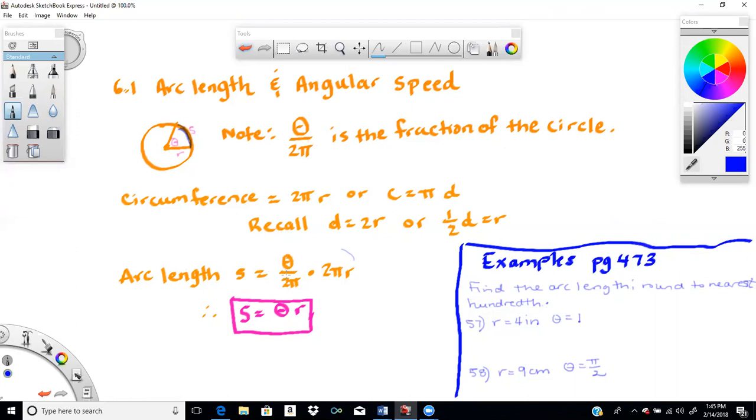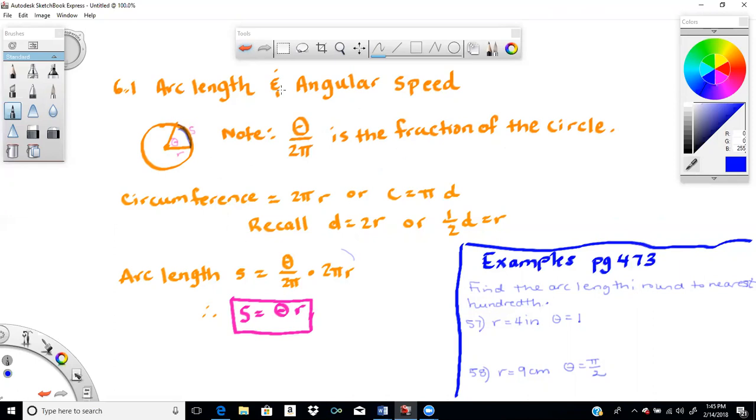So the arc length is theta over 2 pi times 2 pi r. I'm just taking a fraction of the circumference. When we do that, we end up with theta times the radius. That's how you get the formula: arc length s is equal to theta times r.